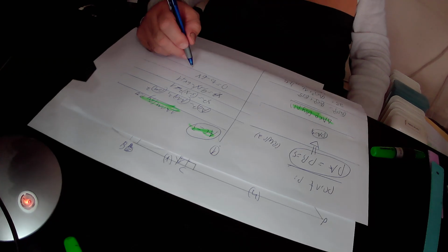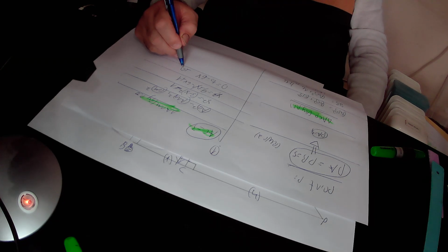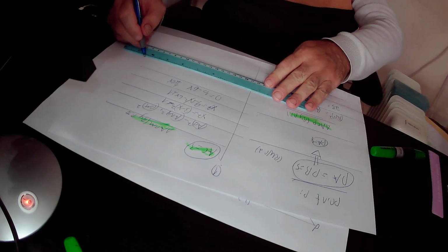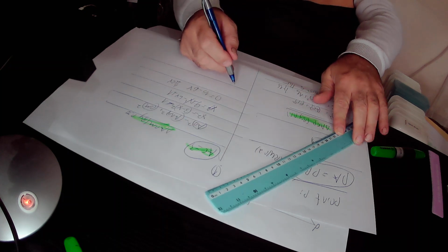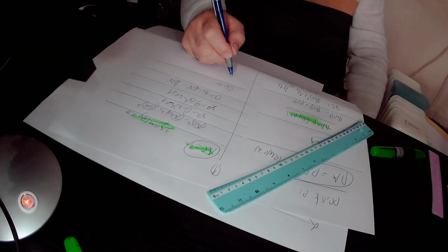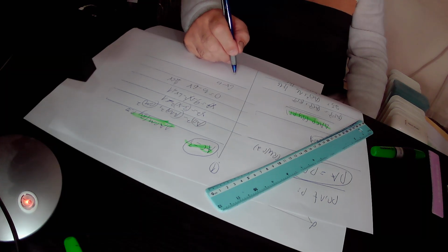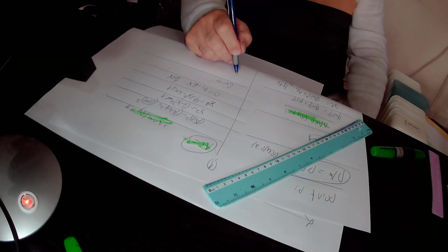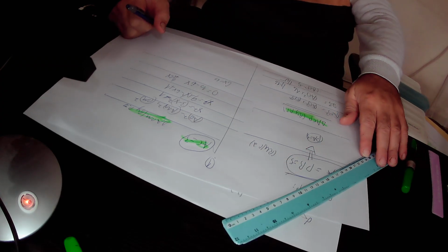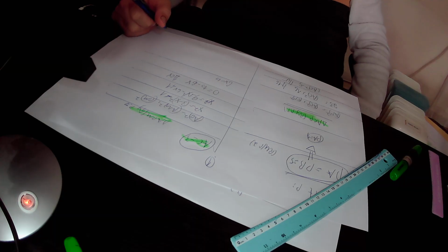Here we will add 6X to this equation. And finally get that 0 plus 6X is 6X equals 10. So 6X equals 10.